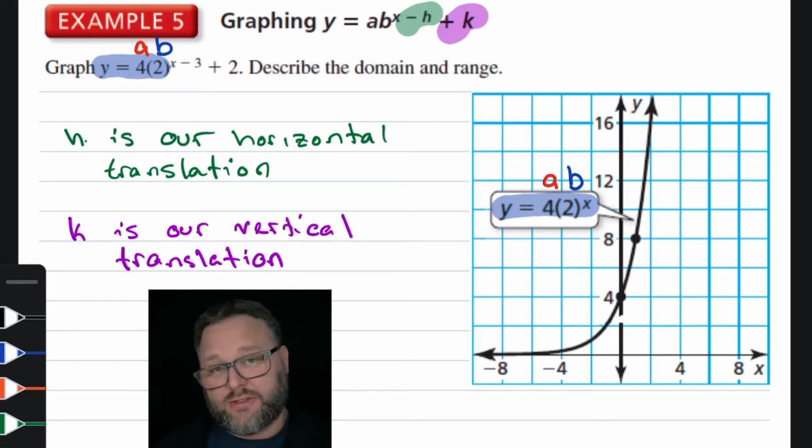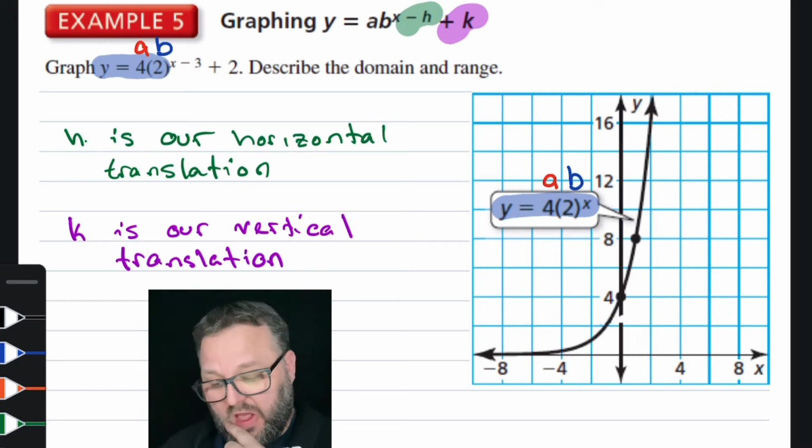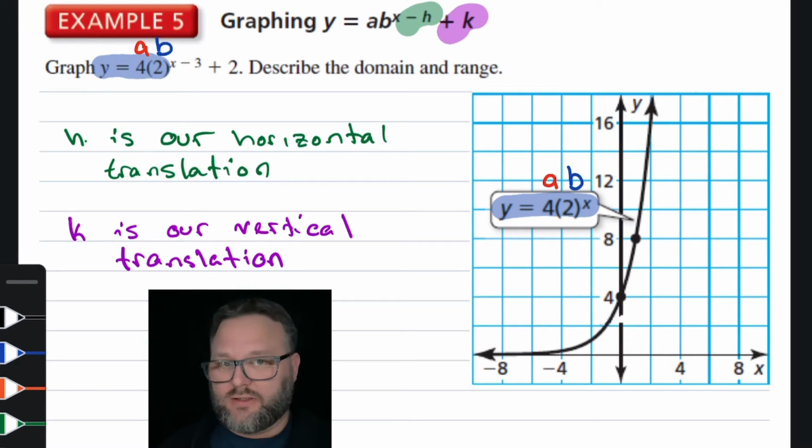What changes is now we're adding or subtracting something from the exponent, and then we're adding or subtracting something to the entire function from the parent function. Now, how this works, you're gonna have to remember something because the brain's gonna want to do something opposite.